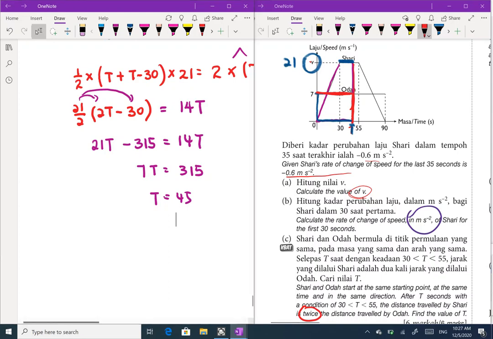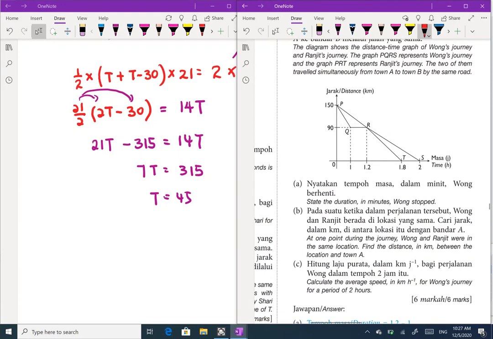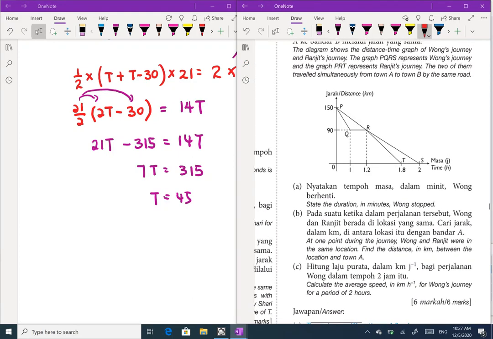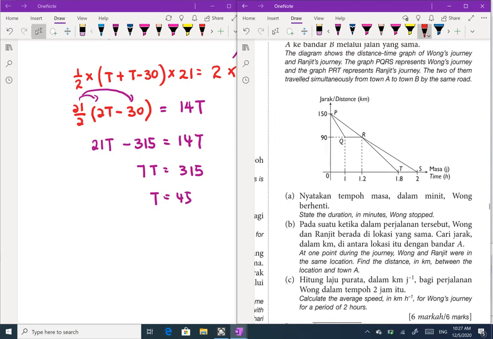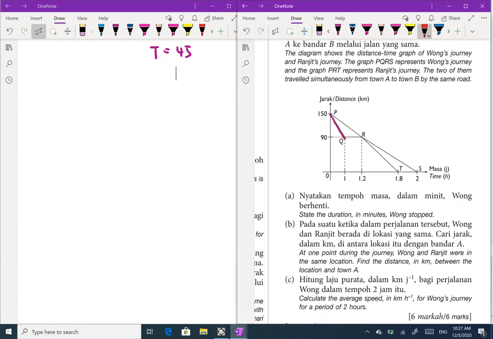Okay, so now we go to the last question. Okay, last question. The diagram shows the distance time graph of Wang's journey and Ranjit's journey. The graph PQRS. This is PQRS.